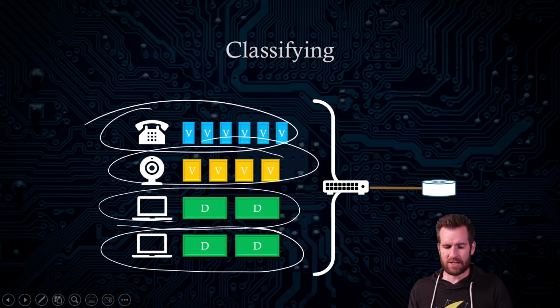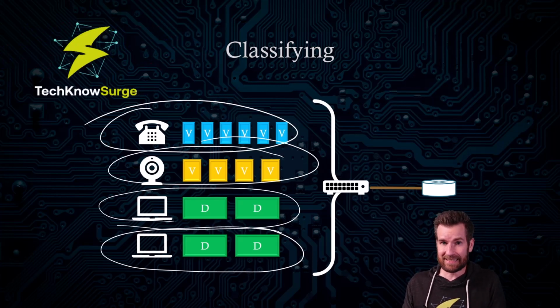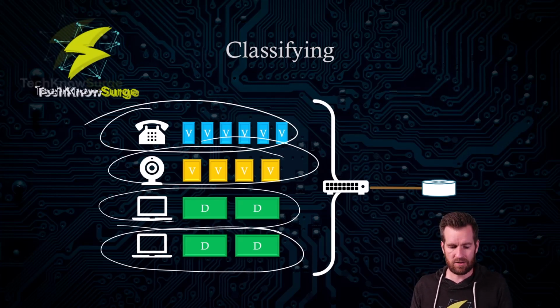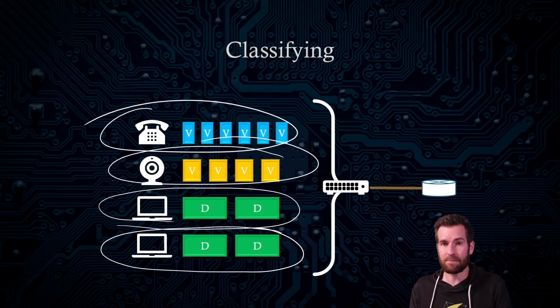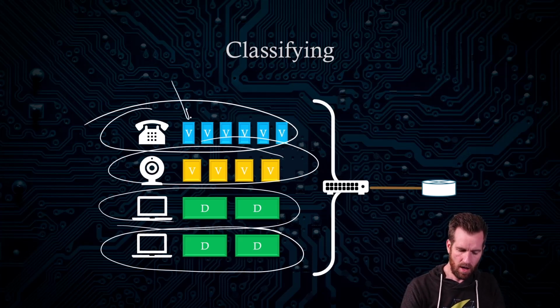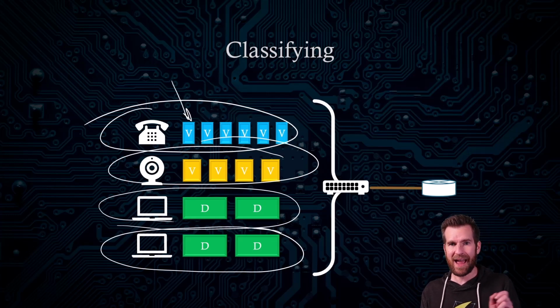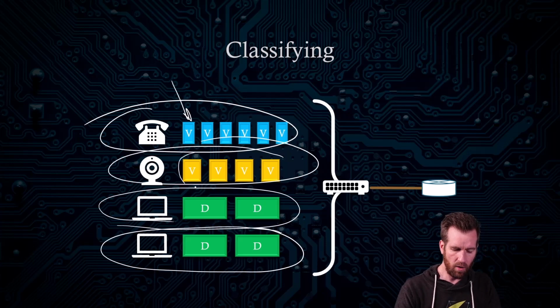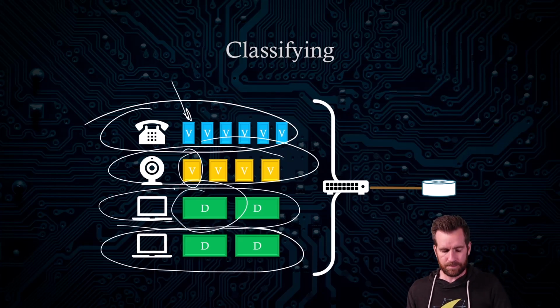So each one of these traffic types has a different priority, a different sensitivity on how fast it gets to the other side, a different sensitivity if packets end up getting dropped. They tend to be different sizes, right? Our VoIP systems tend to have really small packets and they send a lot of them out, but they're really small. Video packets are a little bit larger. Our data packets tend to be larger than that.